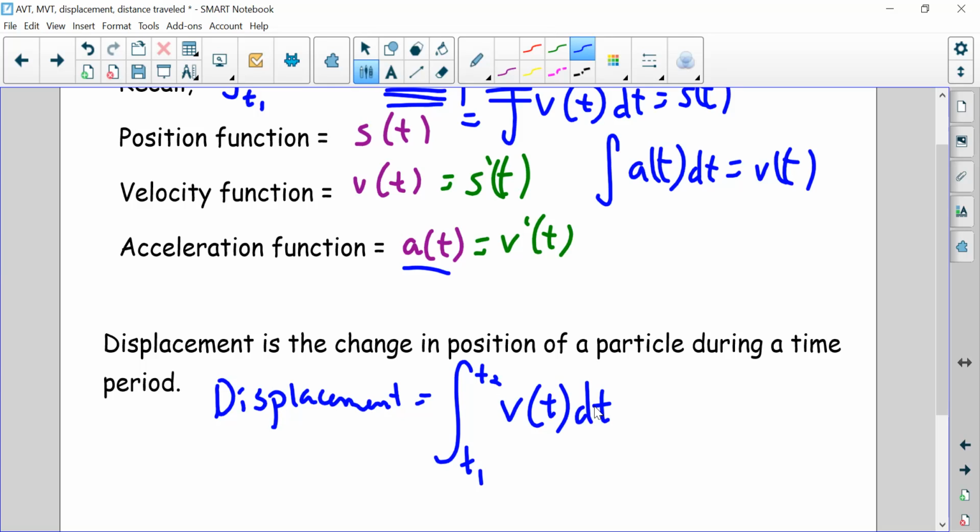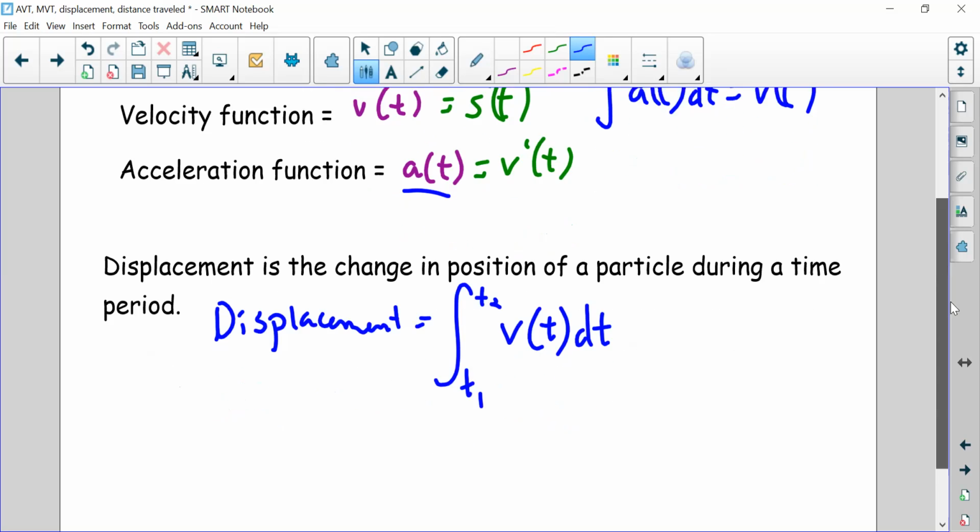Now, because I ended up to the left of my beginning position, that is considered negative. If you get a negative displacement, that means your ending position was to the left of your beginning position. If you get a positive displacement, your ending position is to the right of your beginning position.